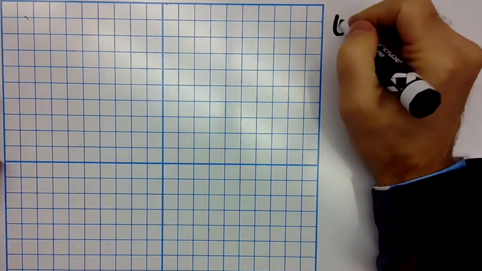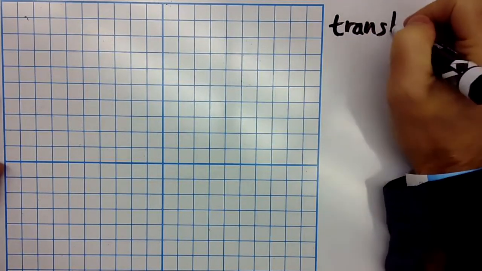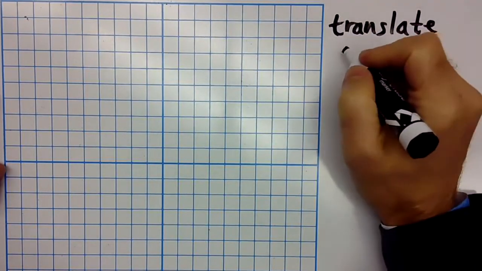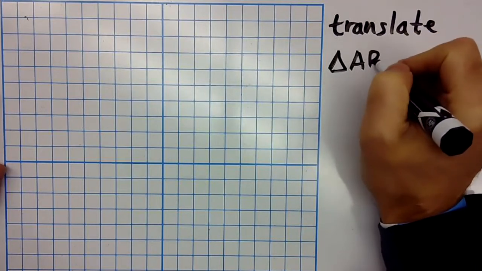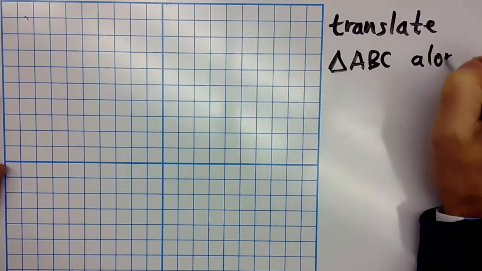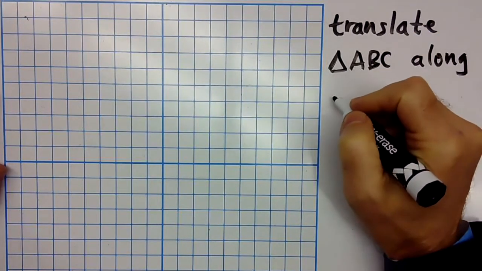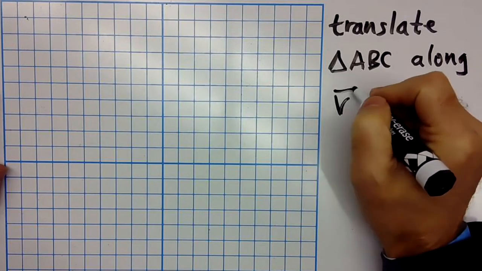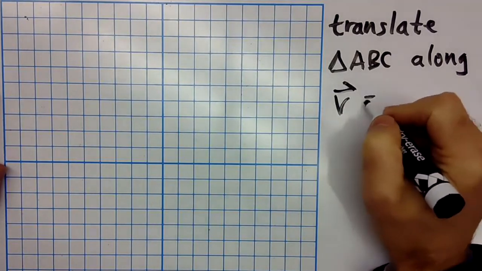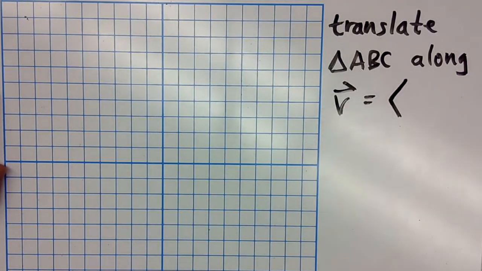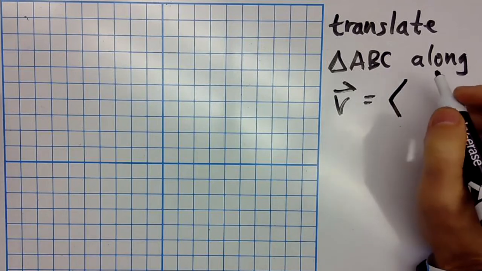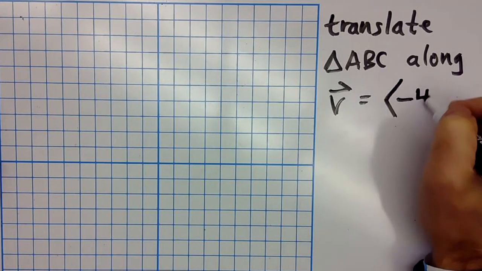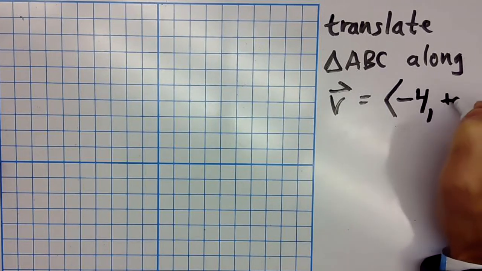Finally, let's do a transformation using a vector. So we're going to translate triangle ABC along vector V. And vector V, we're going to write in component notation, is -4 and +5.